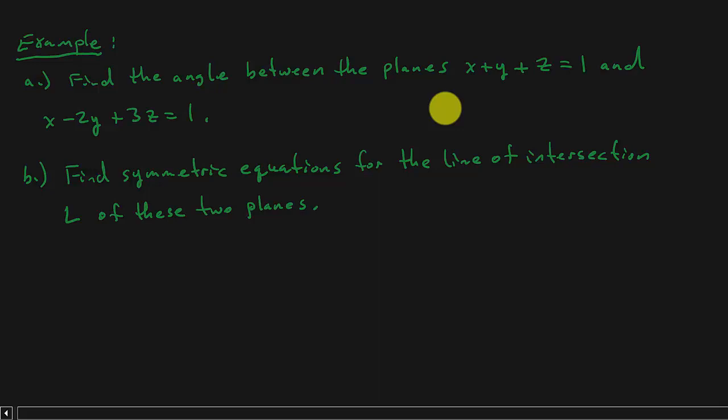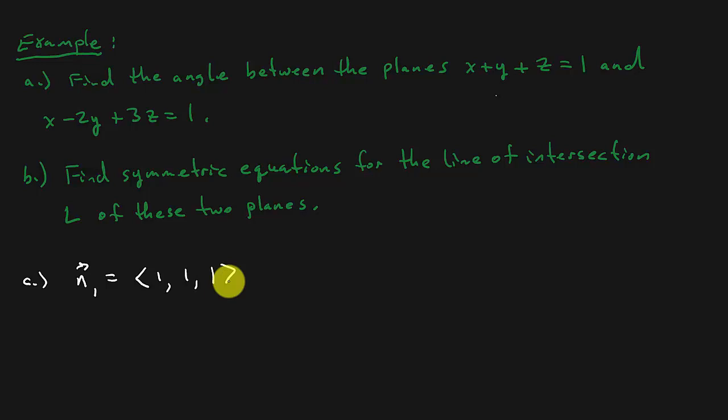Okay, so let's look at this. We can call this plane 1, call this plane 2, I guess. And so for part A, the normal vector for this one, well, that's the vector 1, 1, 1. But wait a minute, where did that come from?